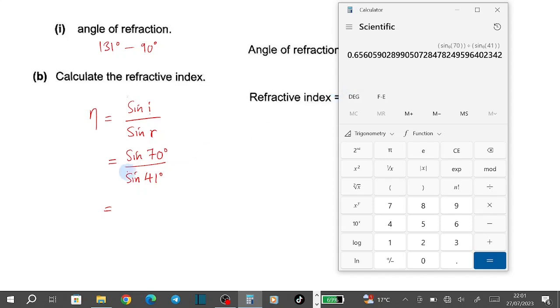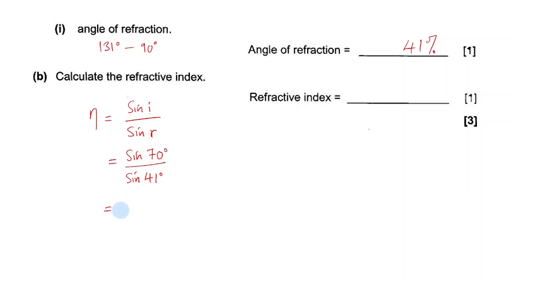Then if I say equals, yeah, 1.4. So it has given me 1.4. So this is the refractive index. It has no units, so it will be 1.4 like that.